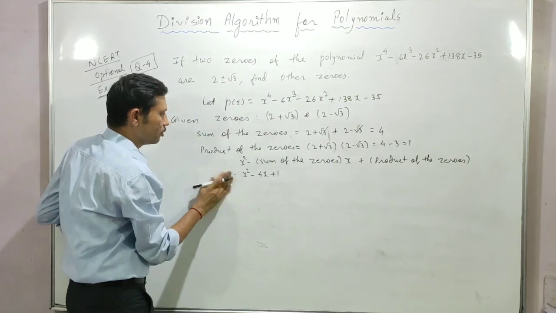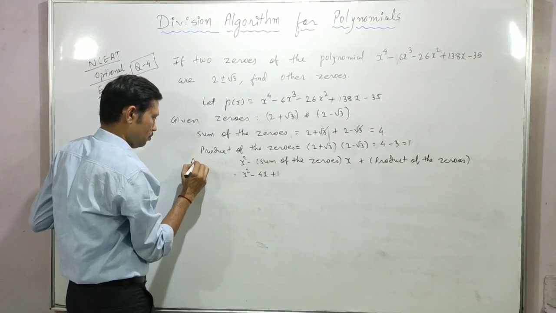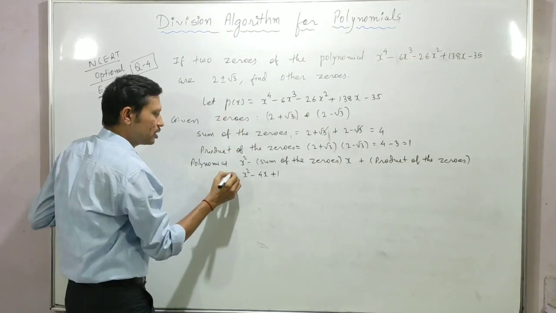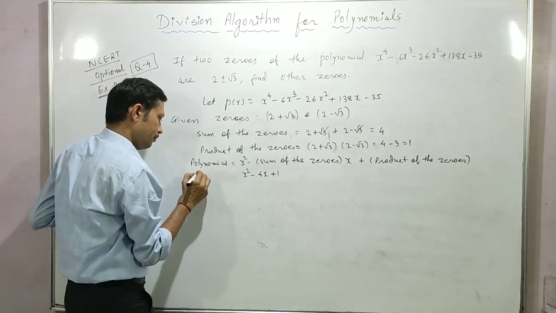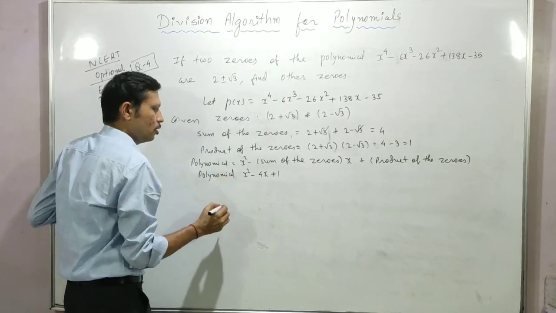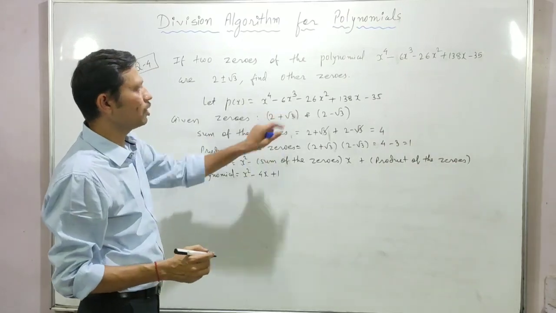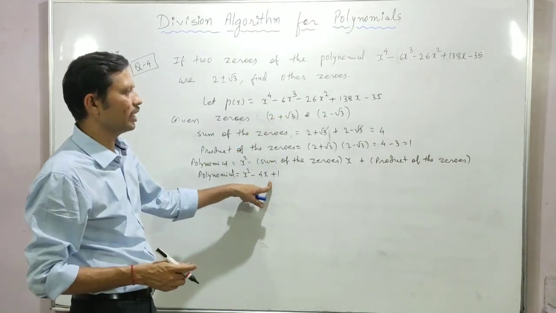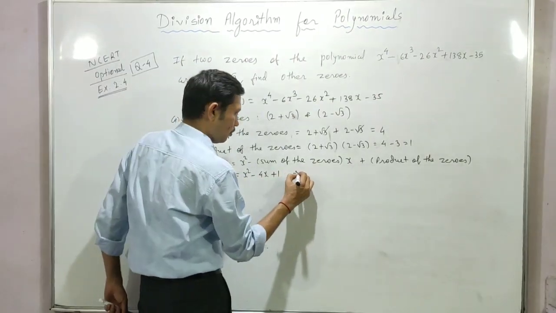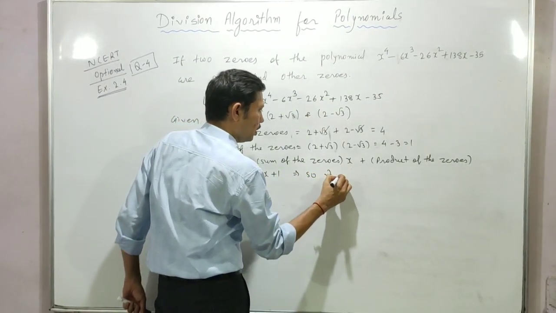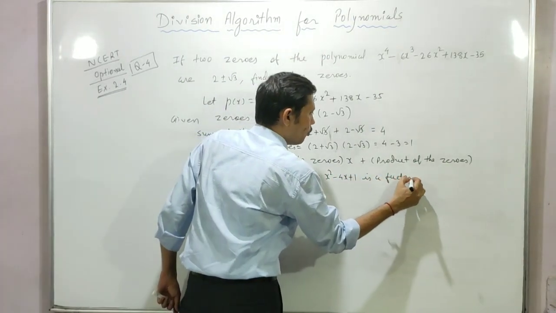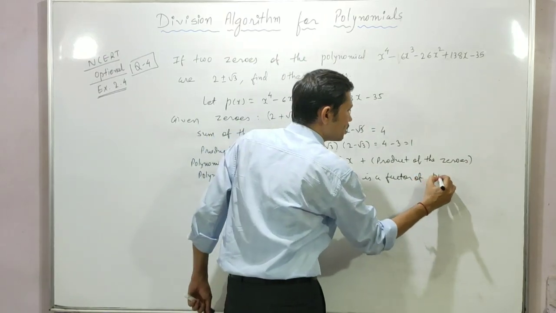So simply I will write down the polynomial here, because we are given the p of x. That means this one is a factor of our given polynomial, because we got this polynomial from the zeros. So x square minus 4x plus 1 is a factor of p of x.